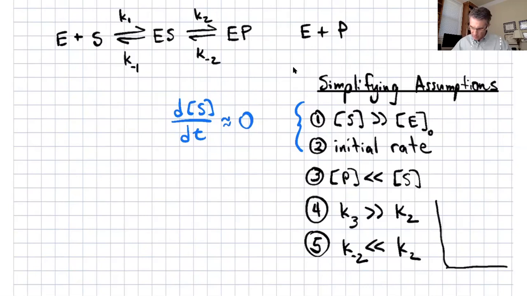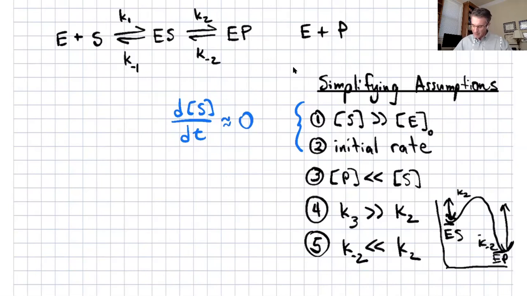So if we're over here at enzyme substrate and over here at enzyme product, and you think about those transition state barriers, that's K2, here's K minus 2 over here.